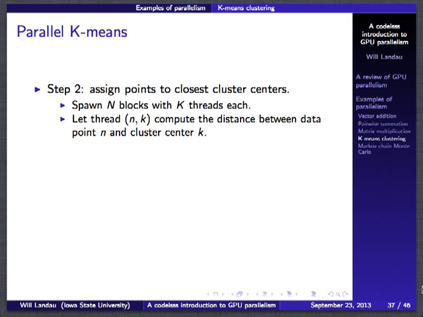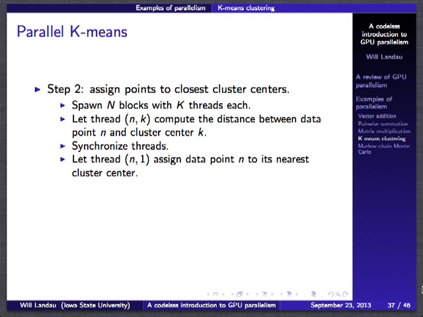I'm going to let thread nk compute the distance between data point n and cluster k. So I compute all those distances. I synchronize my threads so I actually have all those distances to work with. And then I let the first thread in each block assign data point n to its nearest cluster center. Make sense? So this is really 2 stages, each of which is individually parallelized.